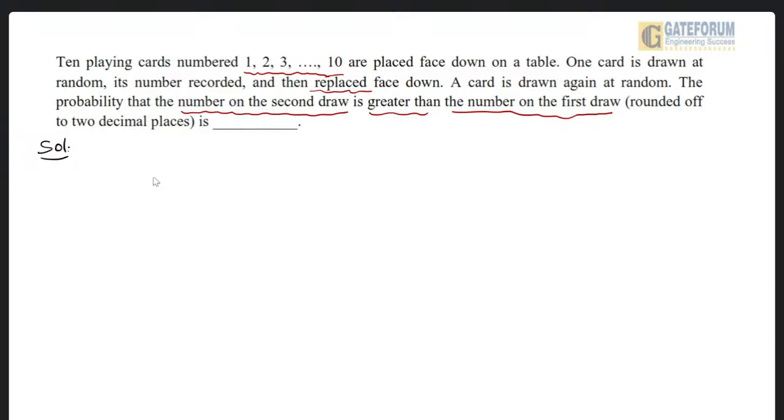Okay. 2 cards drawn one after another with replacement.